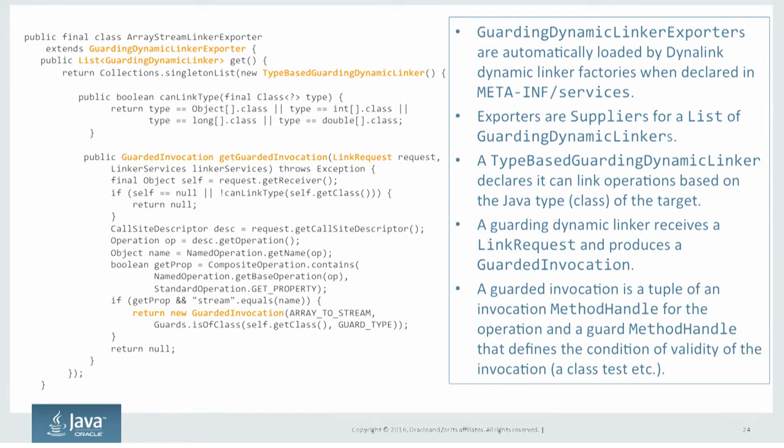First of all, those dynamic linkers can be loaded automatically by virtue of exploiting the JDK's service loader capabilities. In this case here, we use a type-based linker.